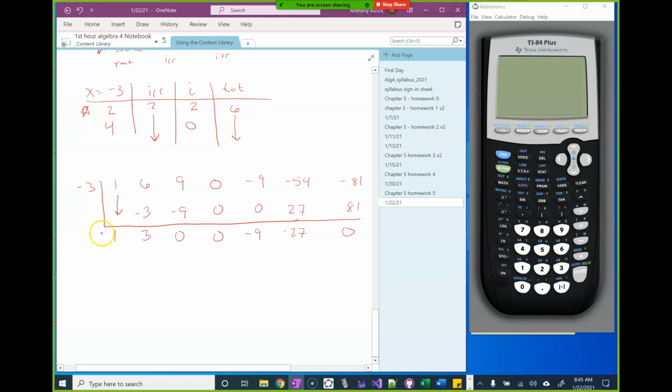Everybody's okay there? Okay. So where we're at, we have x plus 3 that we did twice. And then we have the constant x, x squared, x to the third, x to the fourth, minus 9.